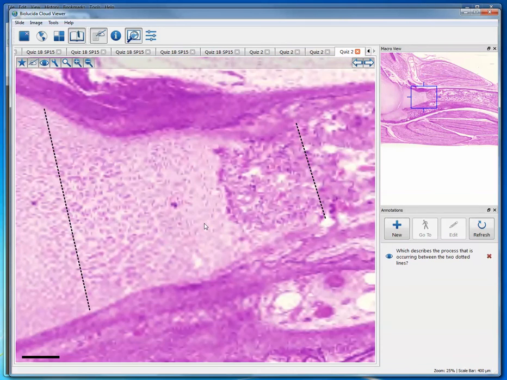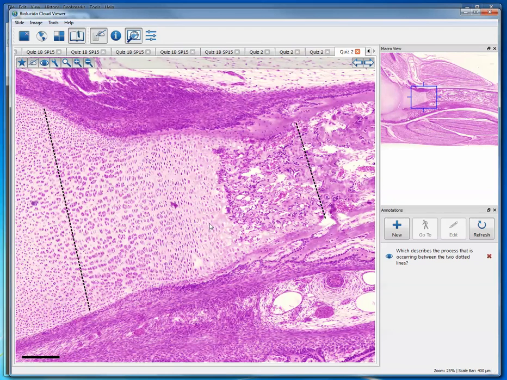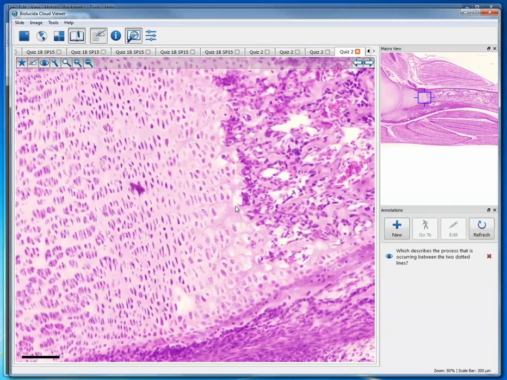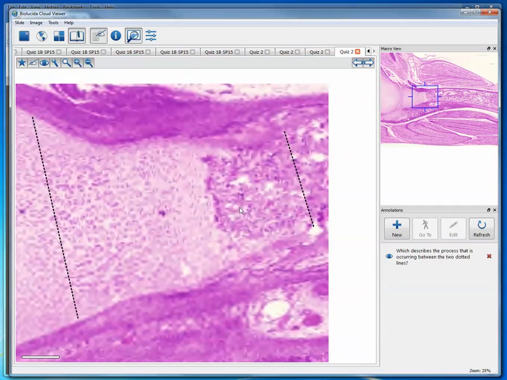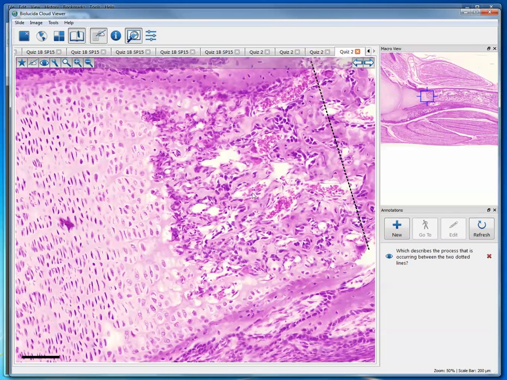And if we enlarge this, you will see intense mitosis taking place here, and then the cartilage cells getting larger here, and then you get some calcification of cartilage here, and then the deposition of bone down here. And this is bone forming here.